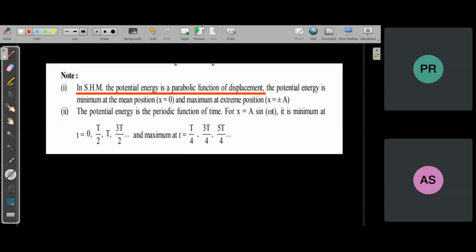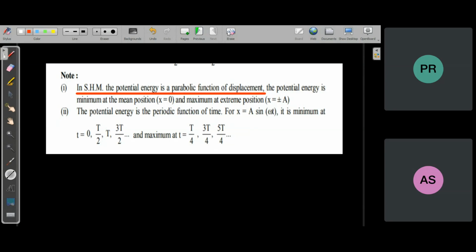And here you have to understand that potential energy also oscillates. Oscillate means what? When the particle is doing SHM, potential energy becomes minimum, then maximum, then again minimum, then again maximum, and keeps on fluctuating like that.